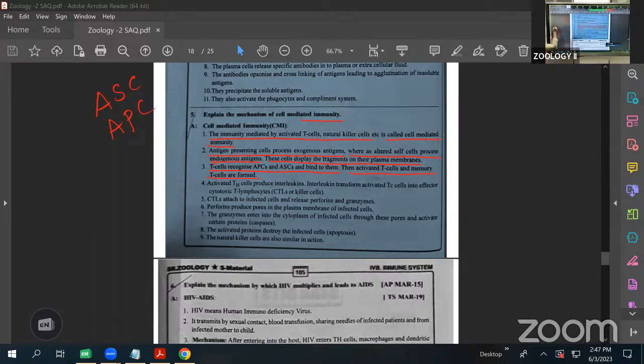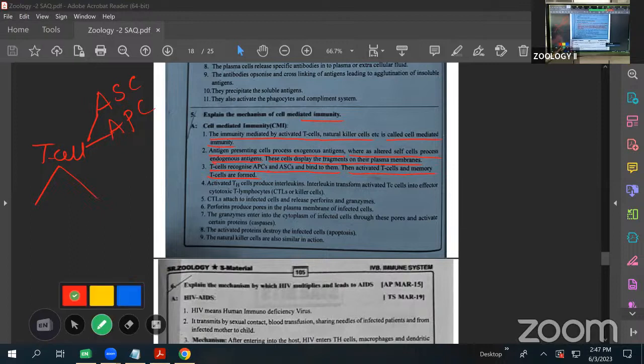With T helper cells attached to these two, automatically what will happen? Like B cells forming plasma cells and memory cells, the T cells are also formed as two types.